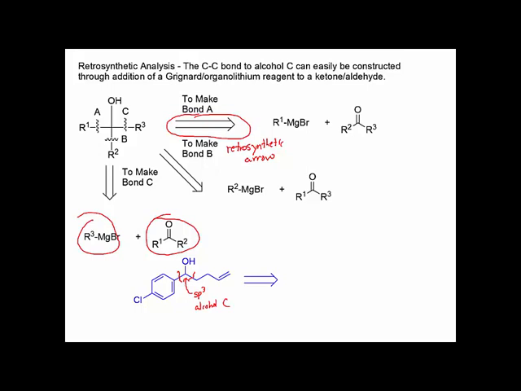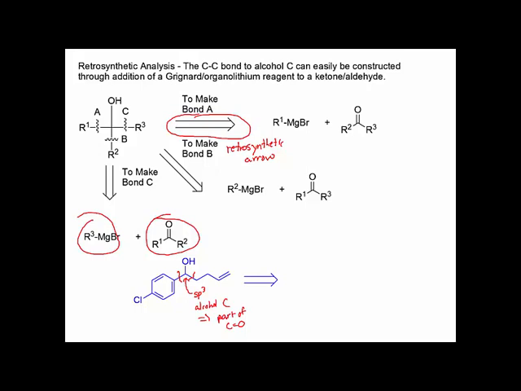This carbon here will be part of the C double bond O group. That's an important point to remember. And we're bringing in whatever's on the other side of these slash marks through the Grignard reagent.